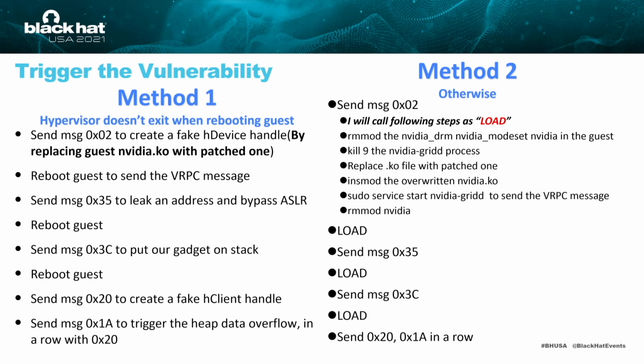Because the vGPU manager will also exit when the hypervisor process exits, I have listed two methods for triggering the vulnerability. Method 2 does not require you to reboot the guest machine. You can choose one of them according to your environment. They are equivalent. Personally, I prefer method 1 because it takes fewer steps.